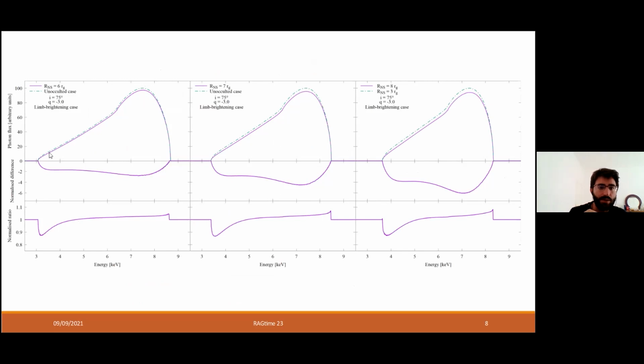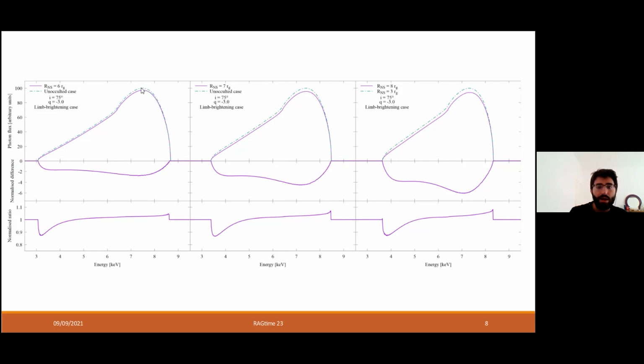Now you can see here in purple the occulted profiles, for example, in this case, if the neutron star radius is 6 Rg and the inclination is 75 degrees. And the green dashed line instead tells you the profile for the same configuration, but without considering the occultation.